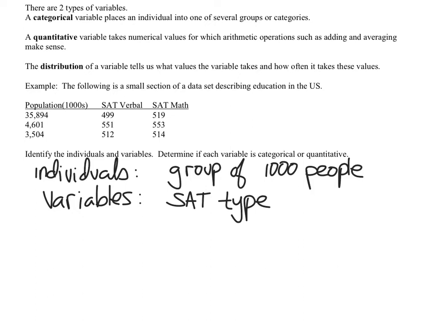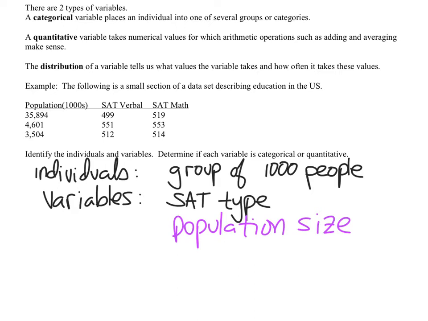Anyway, another variable loosely could be the population size. Because we have the three different groupings there, and depending on which group you're in, it might have an impact on things.